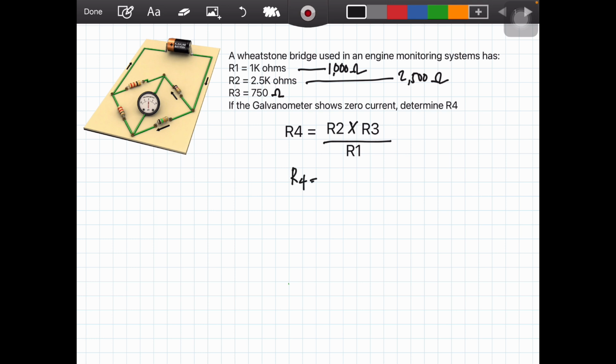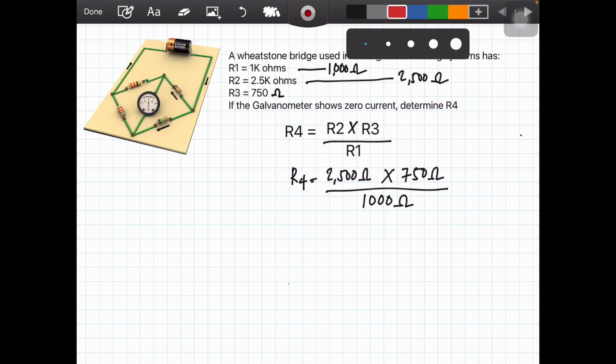Now we have R4, because that is what we're looking for. What is the value of R2 again? That is 2,500 ohms, multiplied by R3, which is 750 ohms, over the value of R1, which is 1,000 ohms. We do not write 1 k ohms or 1 kilo ohms. We write instead 1,000 ohms.